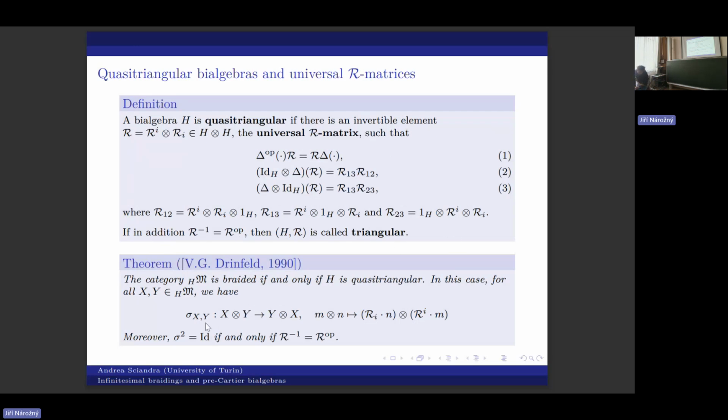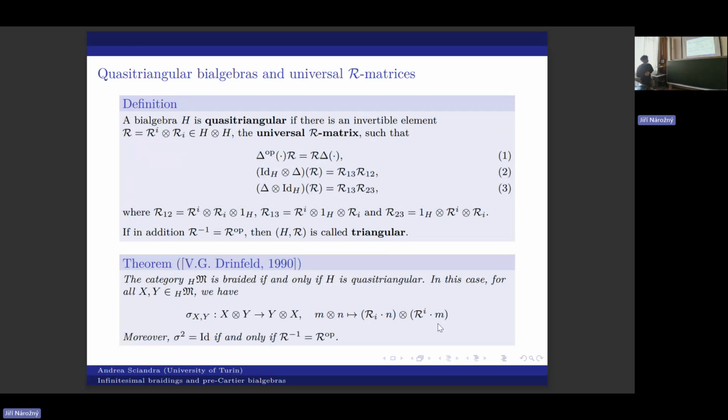For all modules X and Y, you can see that here we apply the flip map on m tensor n, and then we act with R. The second leg of R acts over N, and the first leg acts over M. Or you can also say you just act with R and then flip. And an involutive braiding, so a symmetric structure on modules, corresponds to a triangular structure.